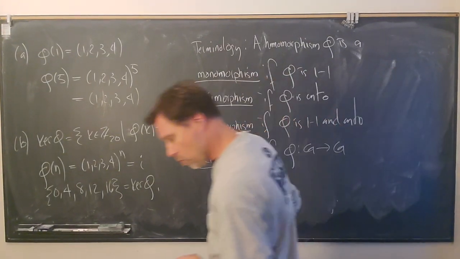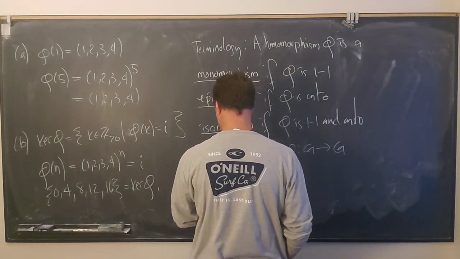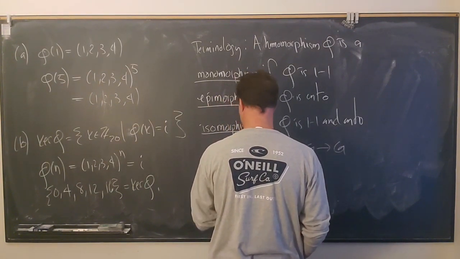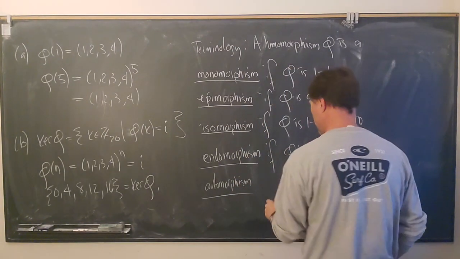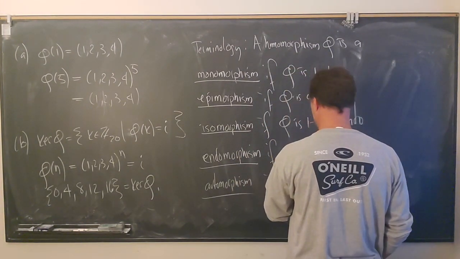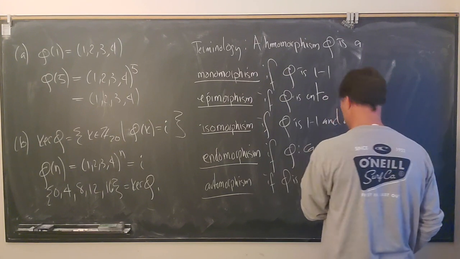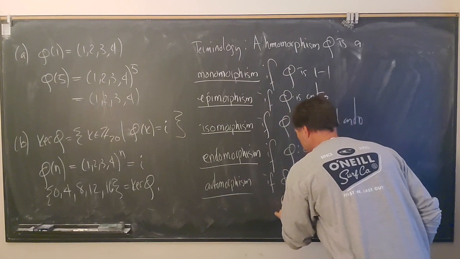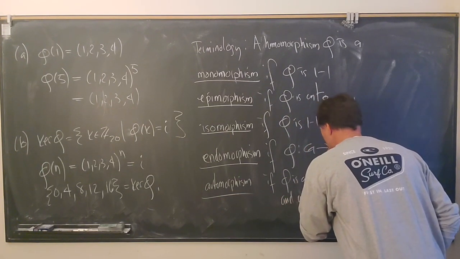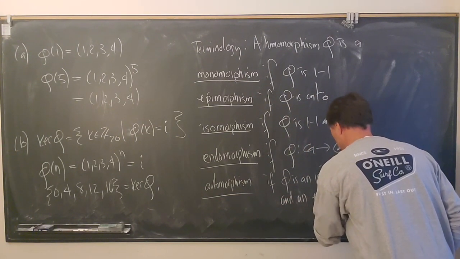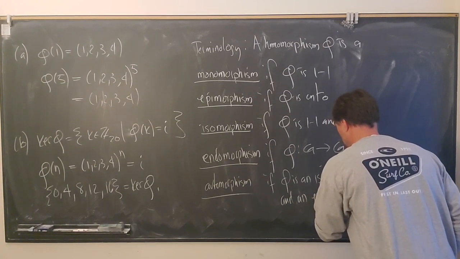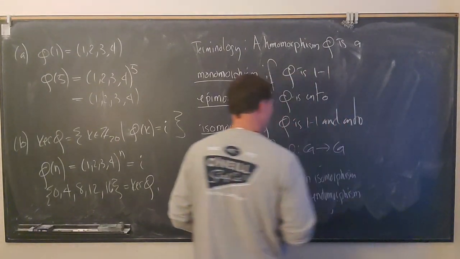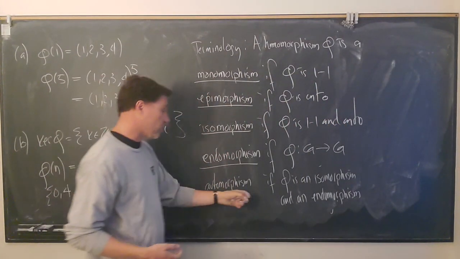And then one more. It's an automorphism if phi is an isomorphism and an endomorphism. So an isomorphism from G to G, that's called an automorphism.